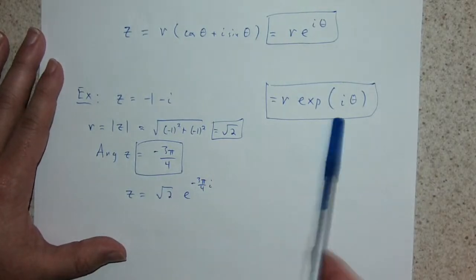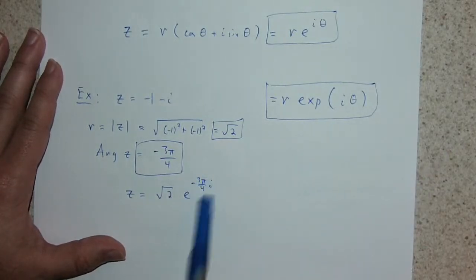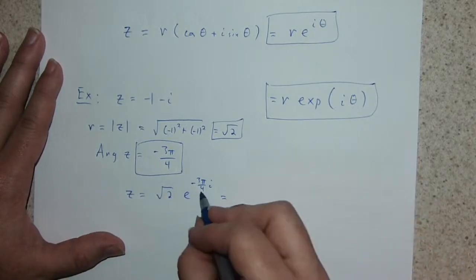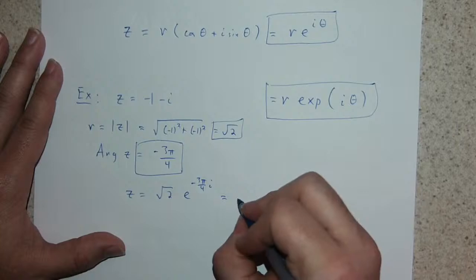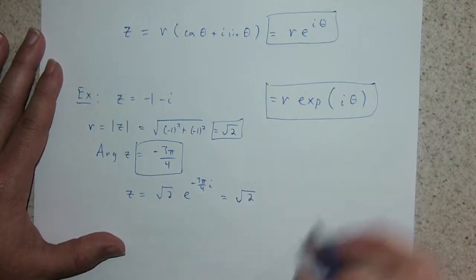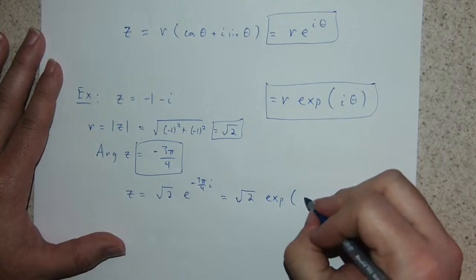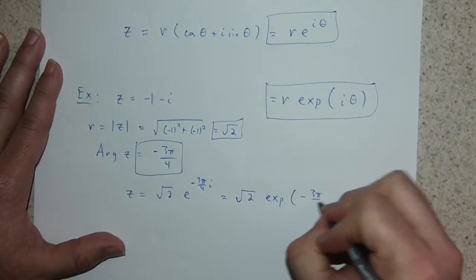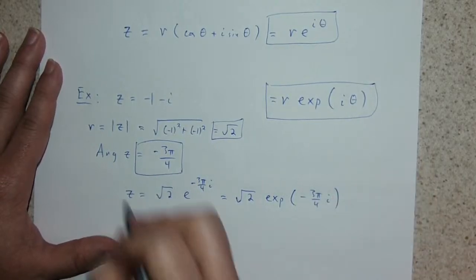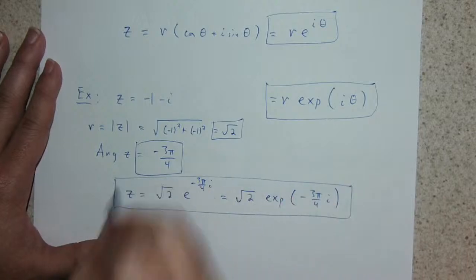Okay, or written in this form again, because even for something simple like this, you can get pretty small when you're writing here, you can say this is square root of 2 times the exponential function applied to minus 3 pi over 4 i. Okay, so this is me putting it in exponential form.